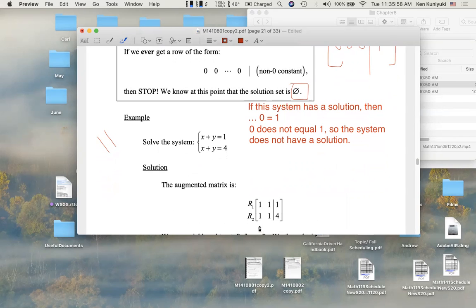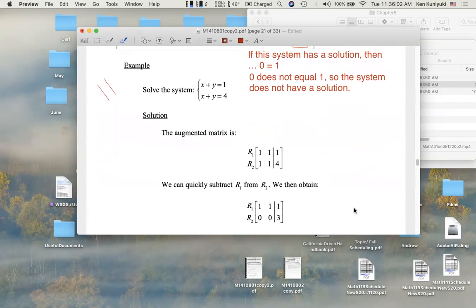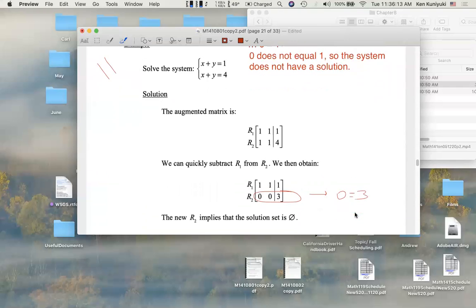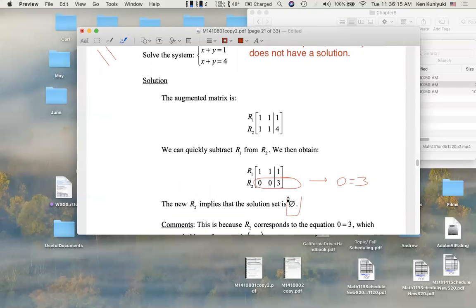And we get 0, 0, slash 3. We keep row 1. Row 2 becomes 0, 0, slash 3, which would give us the equation 0 equals 3. Nope, the solution set is empty.